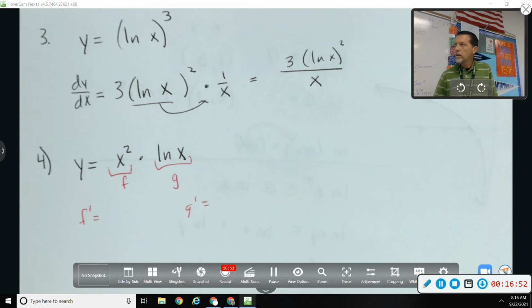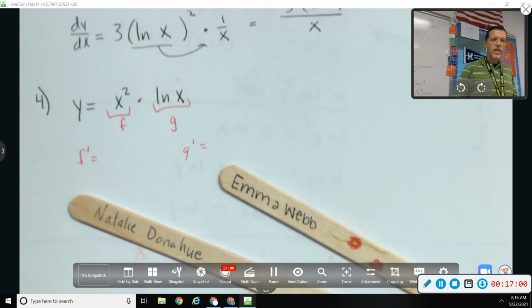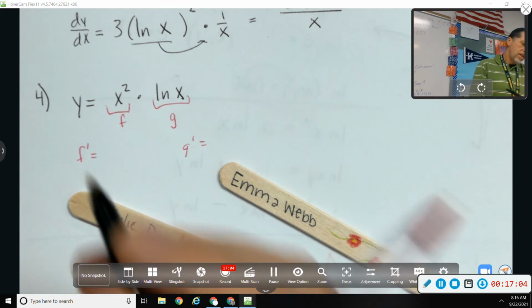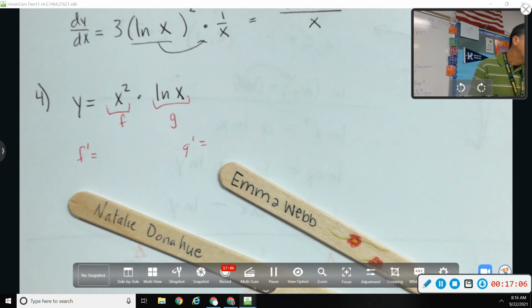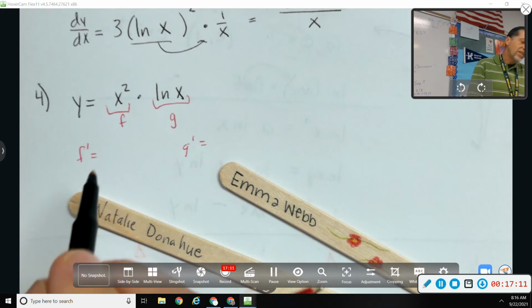So let's pick on some people. Natalie, if f is x squared, what's f prime? Well, if f is x squared, then the derivative of x squared is 2x.